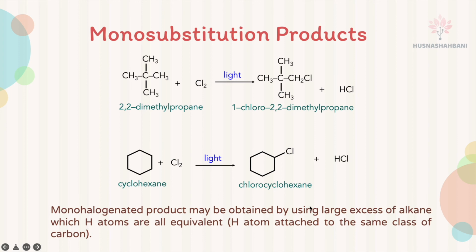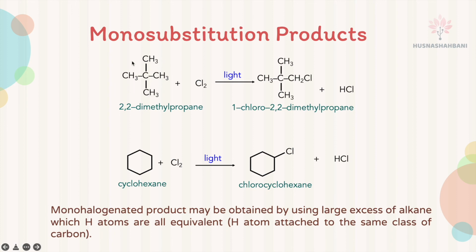A monohalogenated product may be obtained by using a large excess of alkane in which the hydrogen atoms are all equivalent, meaning the hydrogen atoms are attached to the same class of carbon. In 2,2-dimethylpropane, all hydrogens are attached to primary carbons, so all hydrogens are of the same class. So this chlorine cannot be selective. It cannot select which hydrogen, because wherever it attaches, it will still be on a primary carbon.